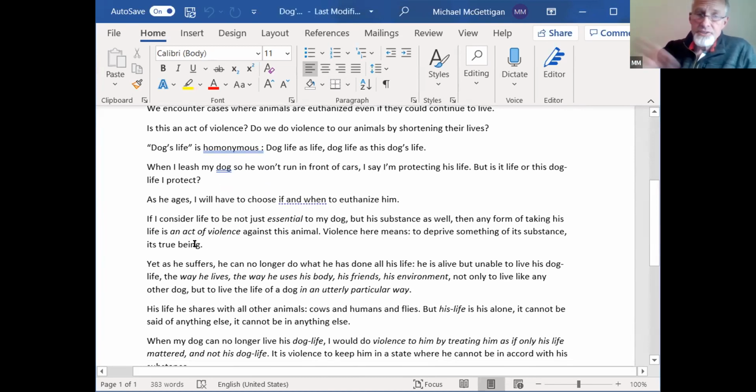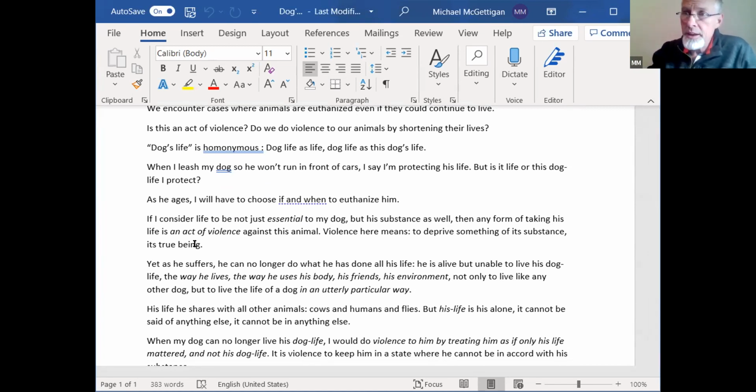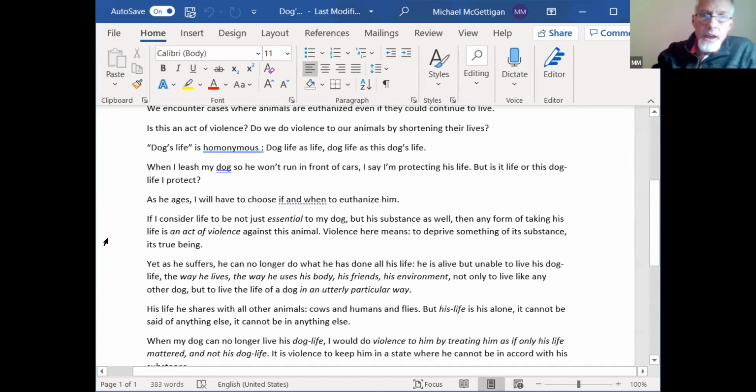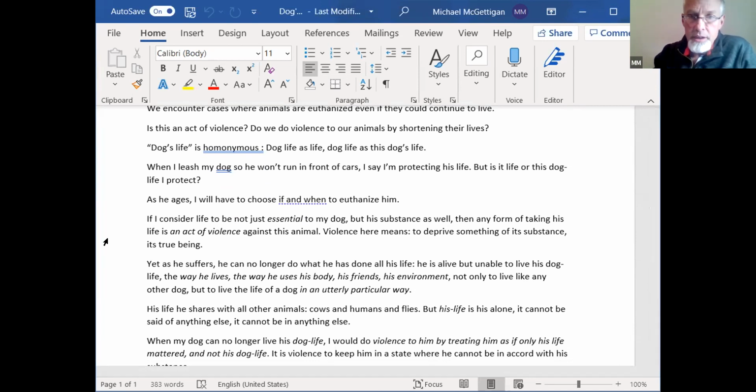So to begin to answer this question, I have these thoughts. As he ages, I will have to choose if and when to euthanize my dog. If I consider life to be not just essential to my dog, but his substance as well, then any form of taking his life is an act of violence against this animal.